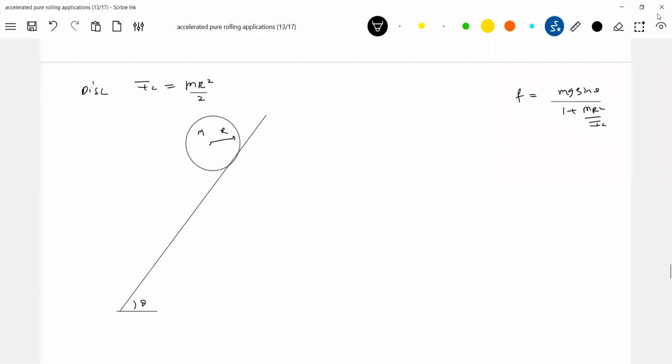For any value of mu, will it have pure rolling? The answer is no. So next question comes, what is the minimum value of mu for which it will have pure rolling? So definitely the friction acting here should be less than limiting friction.